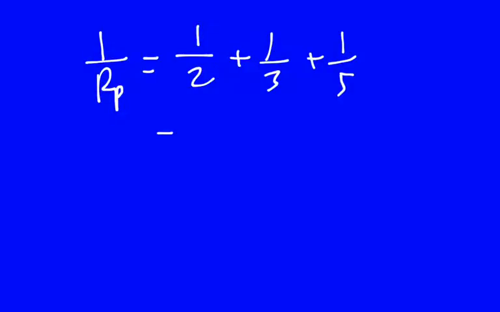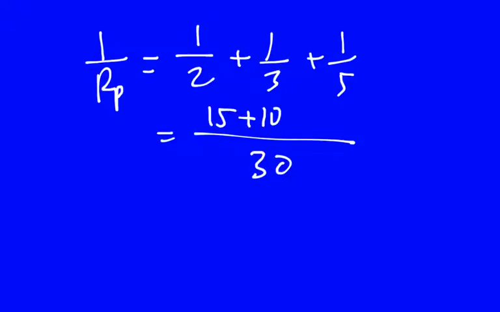Okay, 1 over R parallel is 1 over 2 plus 1 over 3 plus 1 over 5. Now we have to have the same denominator, and that will be 30, right? So this is 15 plus 10 plus 6. Okay, is my calculation correct?